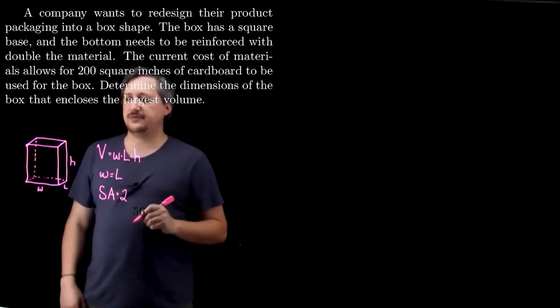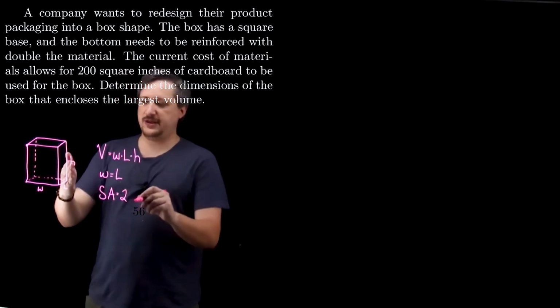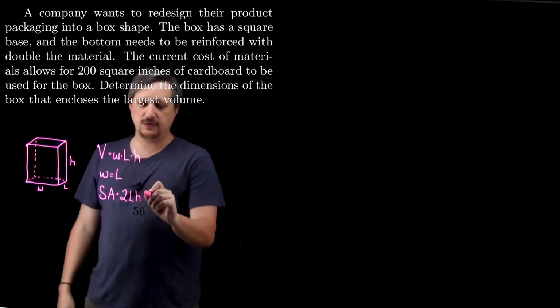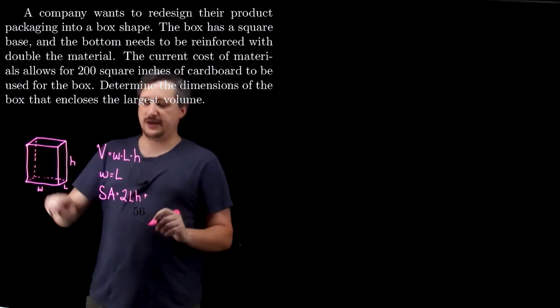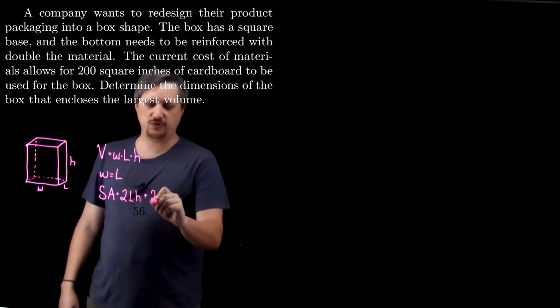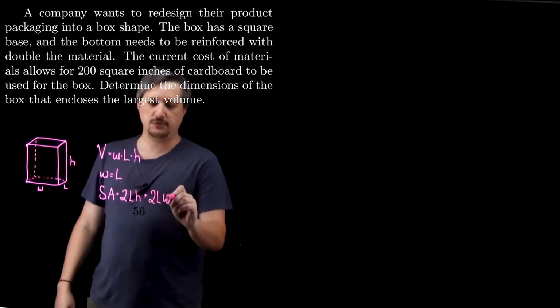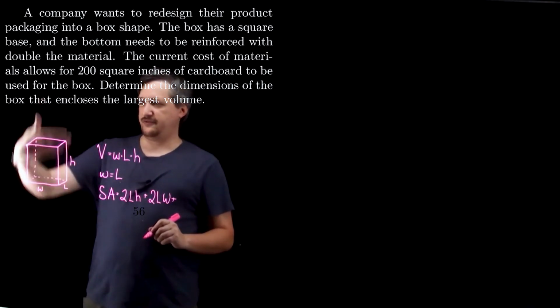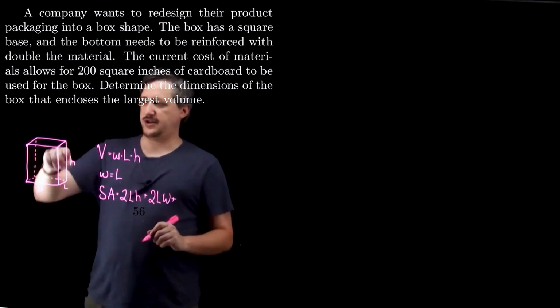So I have 1 length height, 1 length height. So I have 2 length height. Then I have 1 length width, 1 length width. So I have 2 length width. And I have the front and the back panel, which are height and width.